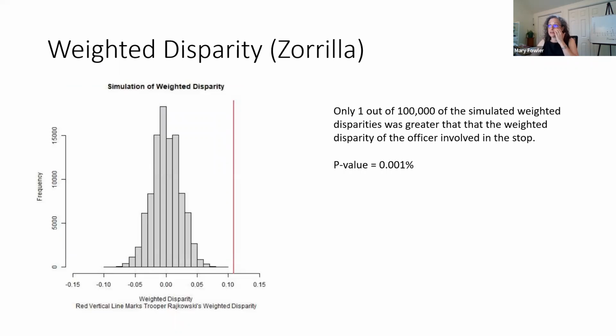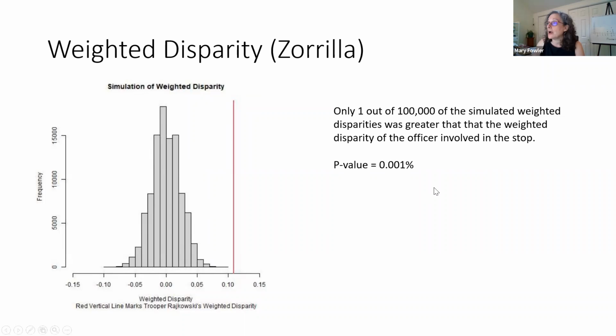And so here is the distribution, yes, 100,000 times in the Zerilla case. This is a distribution of what we would expect the weighted disparity to be if it were the case that the officer involved in the stop was stopping non-white individuals at the same rate as his colleagues.